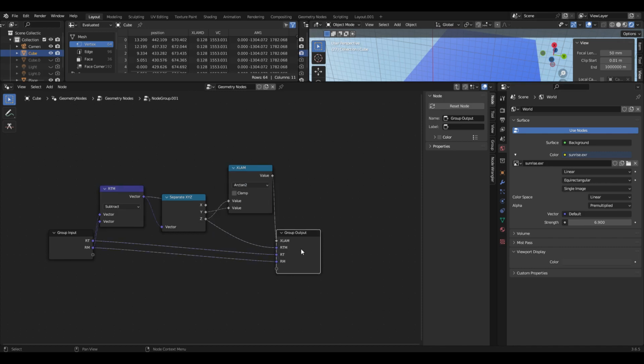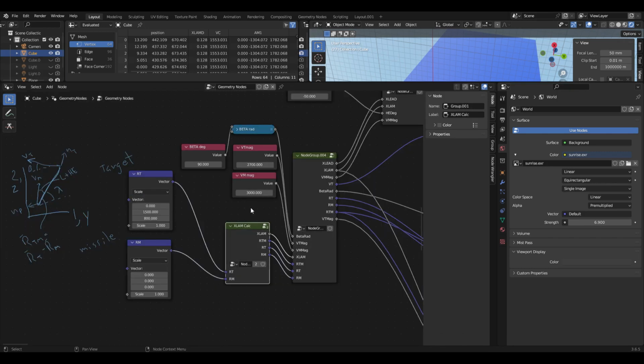So if we go back out, you can see some of the inputs are beta, the magnitude of the target and the magnitude of the missile, VT and VM magnitude are those two. And that's just a conversion between beta, given in degrees, which is 90 degrees, and beta given in radians, which is just pi over 180 degrees.